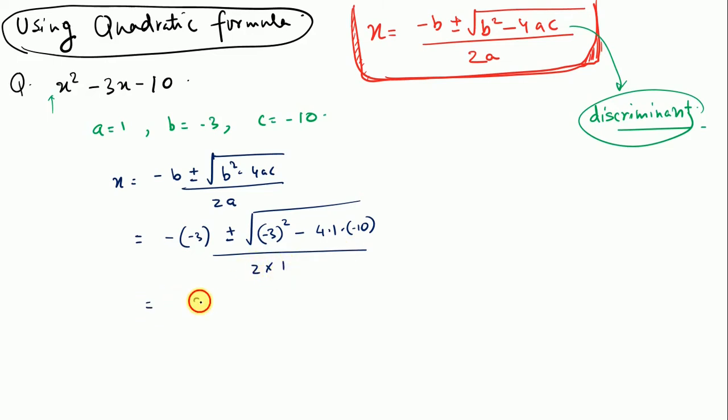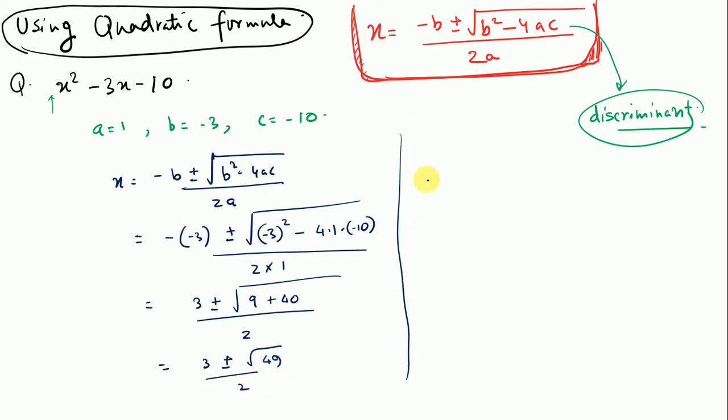So this will be 3 plus minus root over 9 plus 40 by 2, which will be 3 plus minus root over 49 by 2. Again, root under 49 is 7, so 3 plus minus 7 by 2.